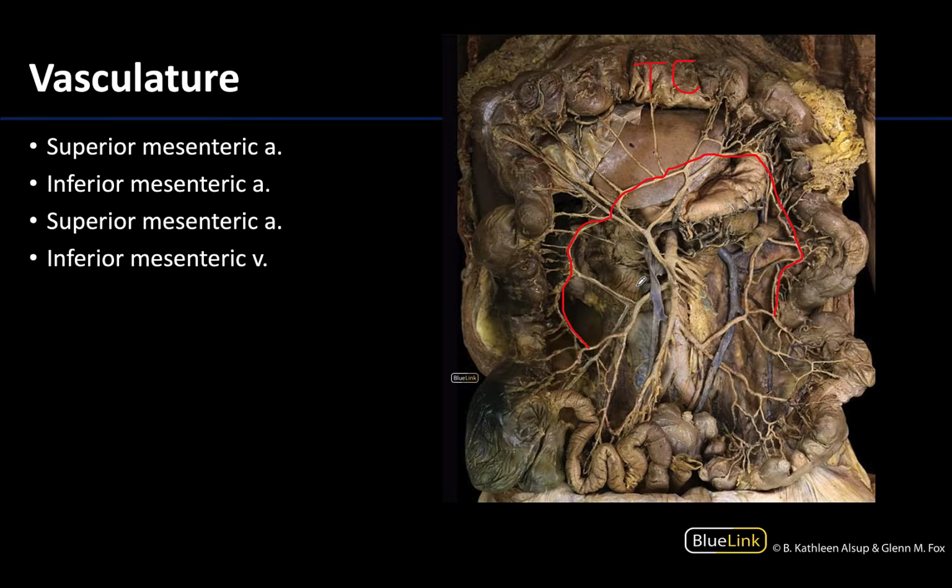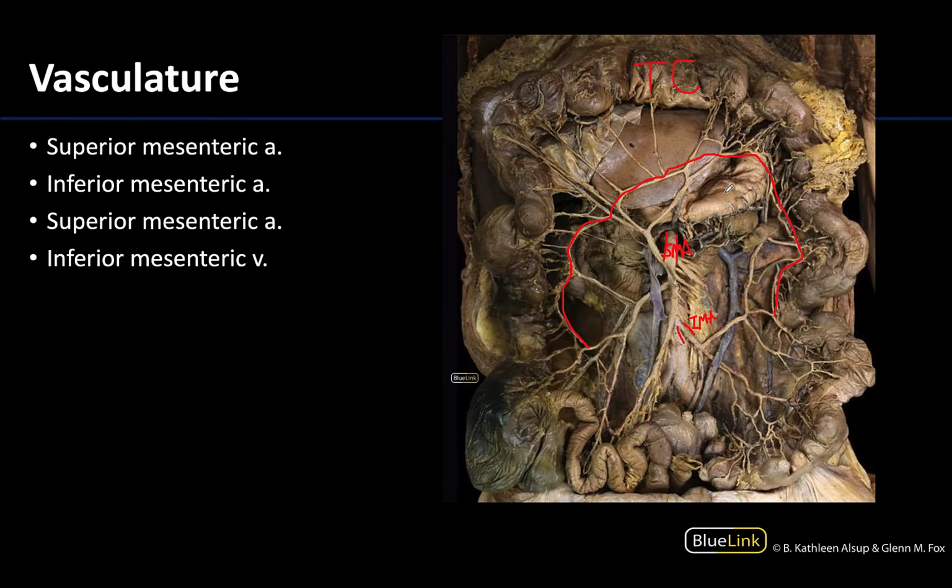and look at the same-named veins. So your SMA right here is going to be superior to the inferior mesenteric artery, which is located right here. The SMA has a prolific amount of branches compared to the inferior mesenteric artery.